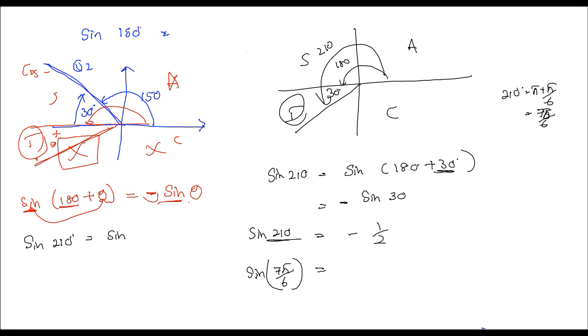You can do it using the calculator as well if you have one, but for MCQs it's easy to remember. Now what I want to explain here is whenever you associate with 180, just keep the trig ratio as it is, just get the sign. We'll do one more example.